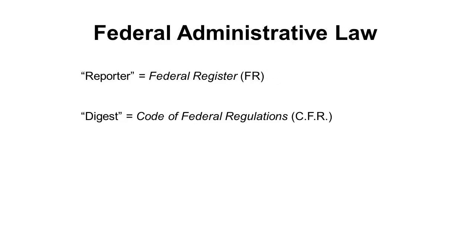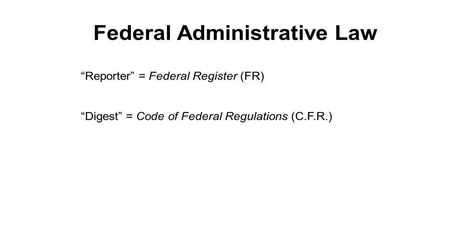Same kind of thing when we talk about administrative law. The reporter is the Federal Register, which is literally a book that comes out every day that reports the various decisions of federal administrative agencies, but those are in chronological order.